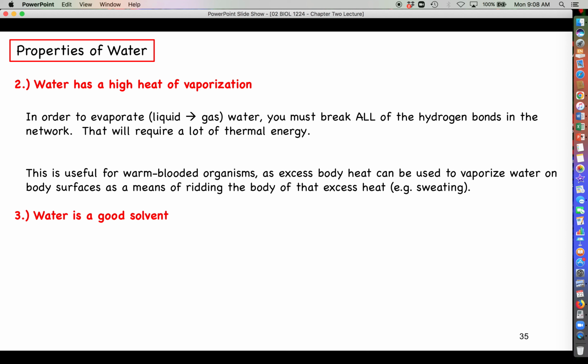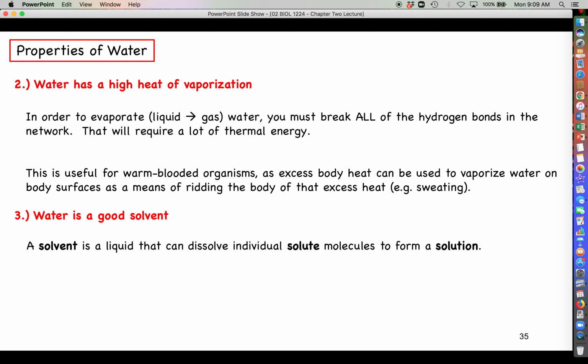But before we get there, let's go ahead and introduce the third property of water, which is that water is a good solvent. And I've mentioned this several times before. A solvent is just a liquid that can dissolve individual solute molecules to form a solution. So a solution is the most important type of liquid mixture that we're going to encounter this semester.